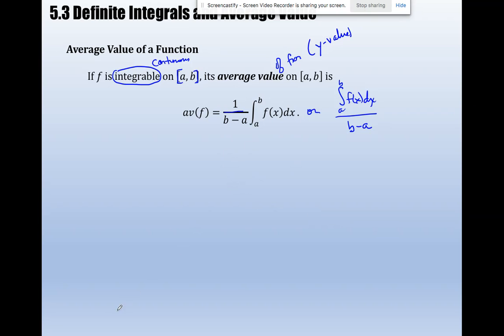Now I want you to look at this equation, right? Average value, integral over interval.